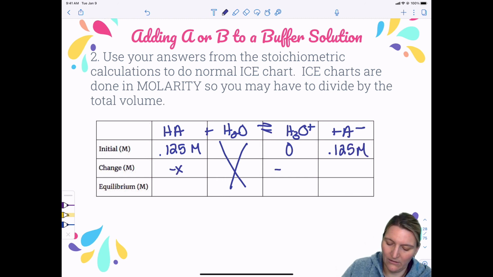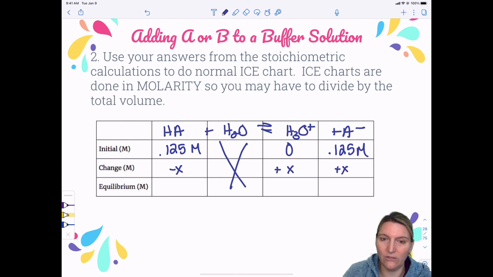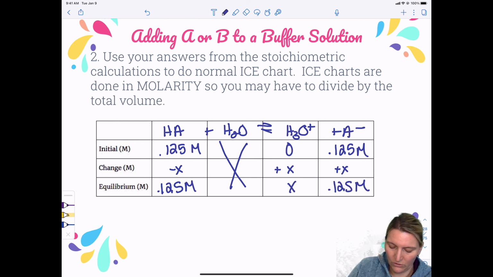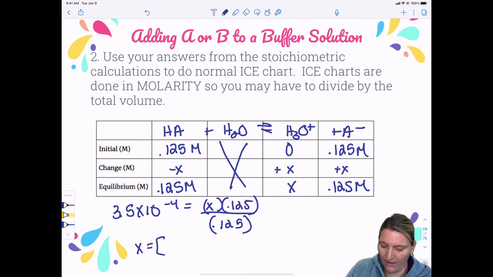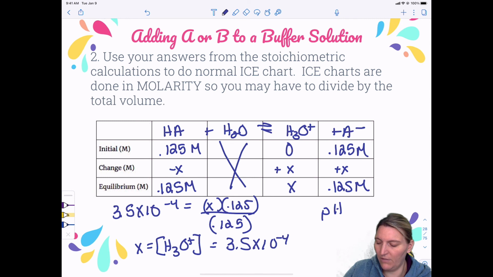Weak acids only negligibly dissociate. So now the Ka, 3.5 times 10 to the negative 4, is equal to X times 0.125 over 0.125. And of course those cancel out. So X, which is the concentration of the H3O plus, is equal to 3.5 times 10 to the negative 4, and the pH is equal to 3.46.